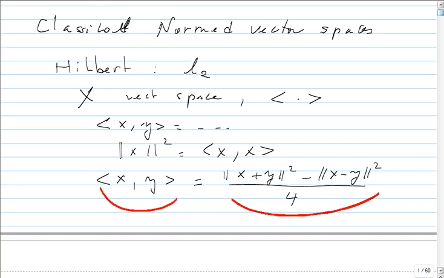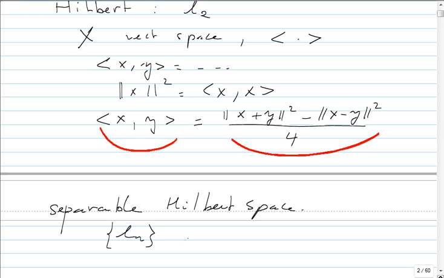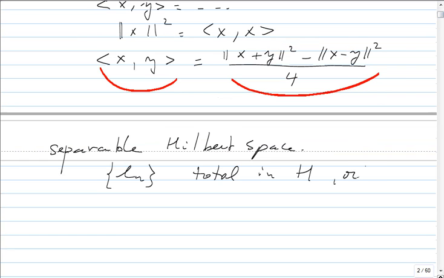Then we can prove that if it is a separable Hilbert space, then we can find a sequence e_n that is total in H, orthogonal and normalized.